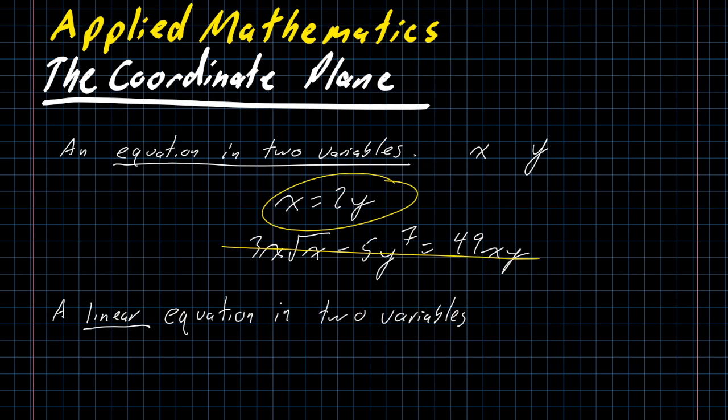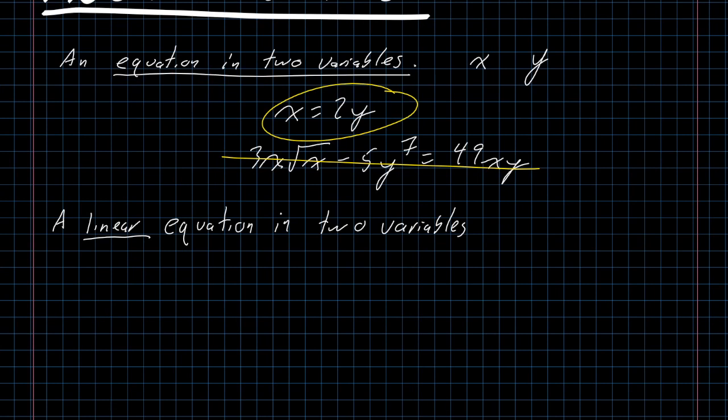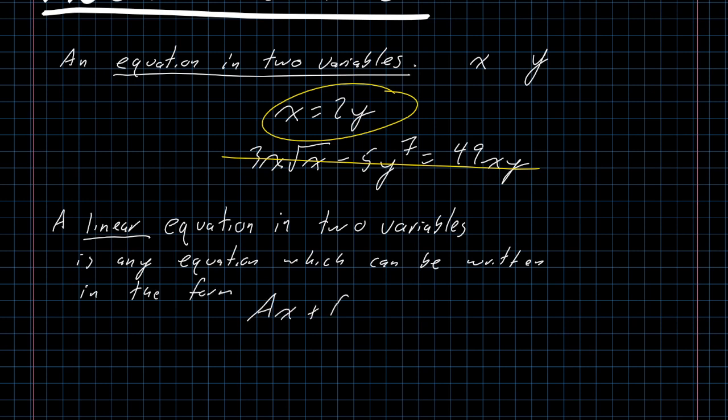And focus on a linear equation in two variables. A linear equation in two variables is any equation which can be written in the form ax plus by equals c.